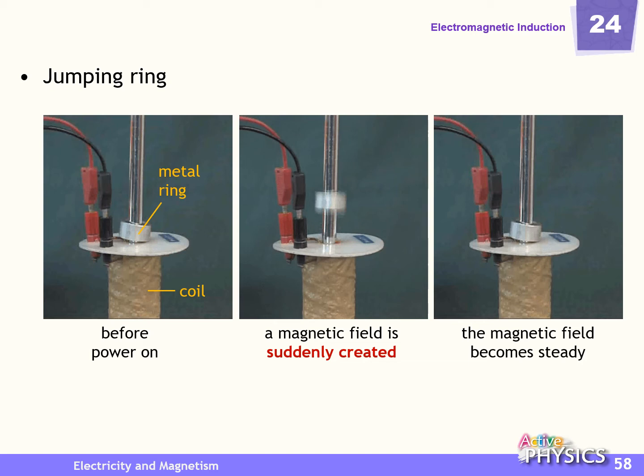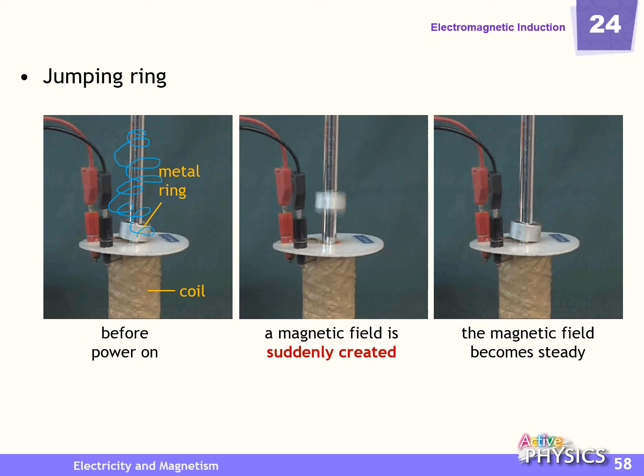I have this device in the physics lab, and I will show you after we return to school. If you put a ring here, and this is the wire, after you apply the current to the solenoid, this ring will jump to a certain height.